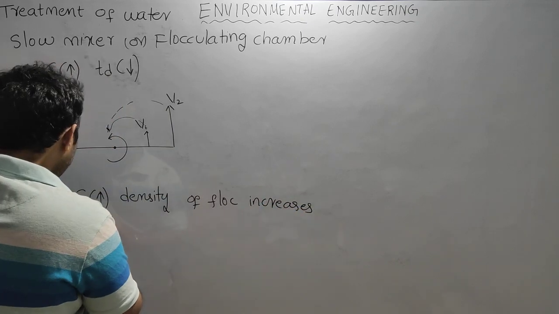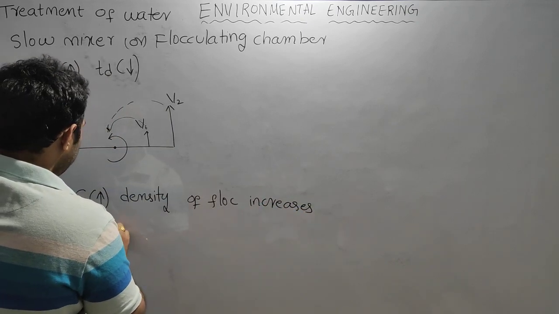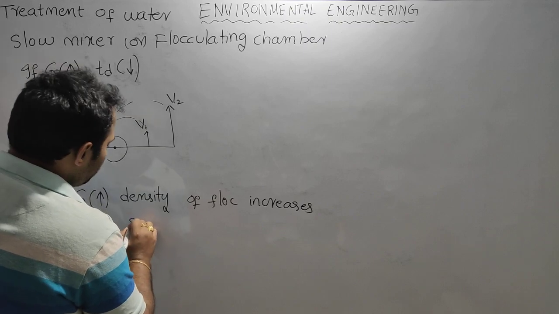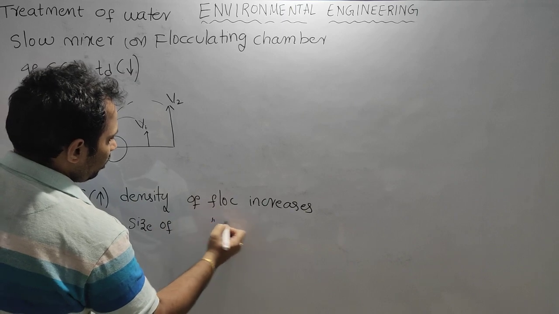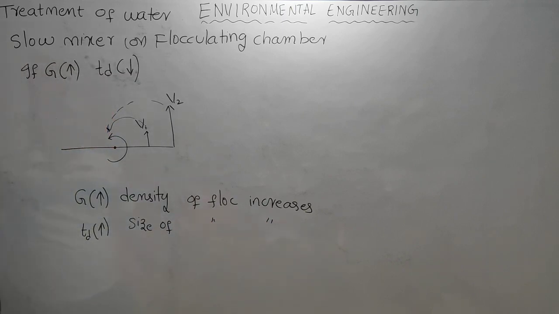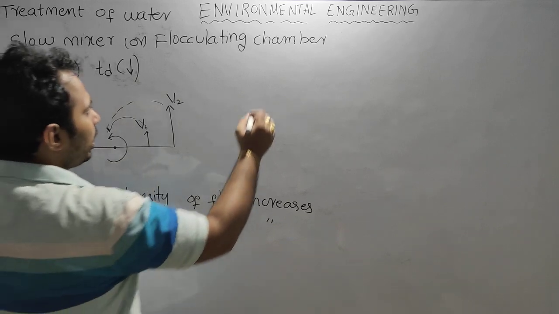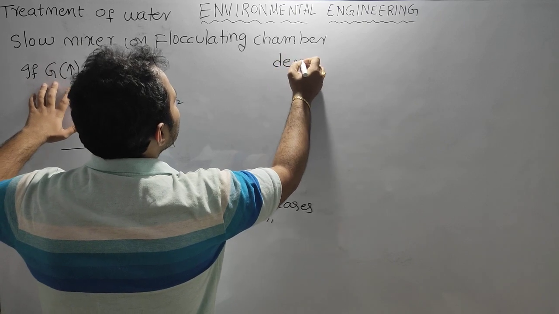and if you increase the time of mixing, then the size of the flock will increase. Density is not dependent on time; density is dependent on velocity gradient. So here more velocity gradient is given, that means we will get a denser flock.